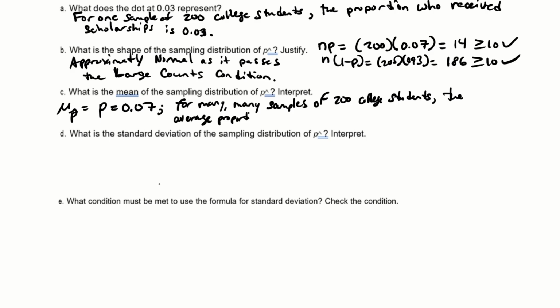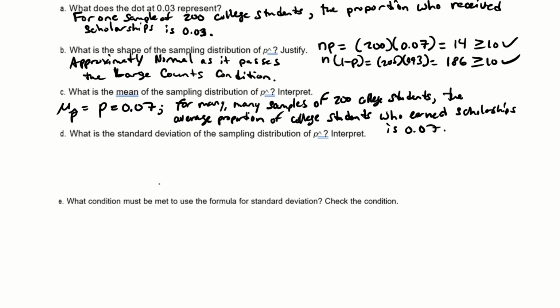So the average proportion of college students who received scholarships is 0.07. That's the average. Many, many samples, you keep doing this, it's going to approach that average, which is 0.07.